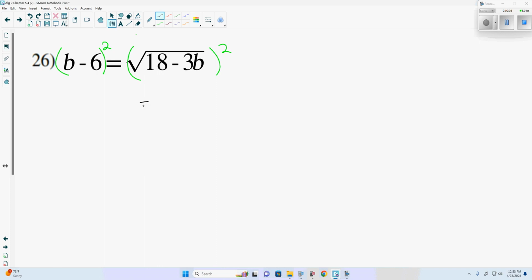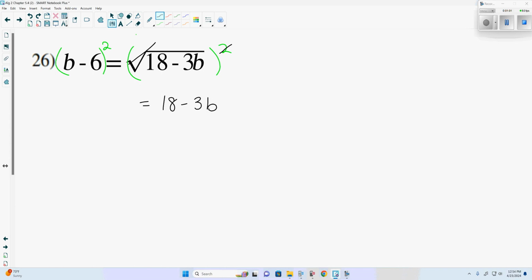Now out of these two, the right side is nicer than the left, because the square root of 18 minus 3b squared, well, the square root and square would cancel, giving us 18 minus 3b. The left-hand side, b minus 6 squared, is not b squared plus 36.